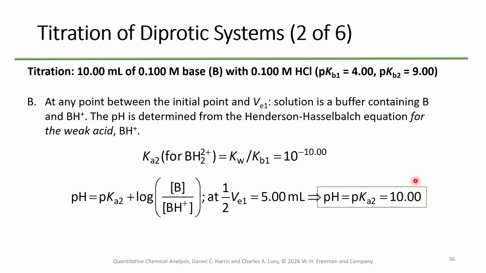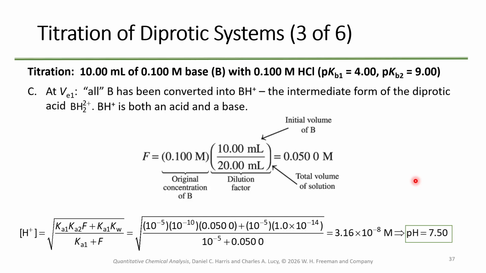Okay, so let's look at the next region here. This is where we have to start actually doing things that we talked about when we were talking about diprotic acids, right? Because we're going to start having two Kas that are close enough that they start interfering with each other. Okay? And so at VE1, all of your B has been converted into the BH+.